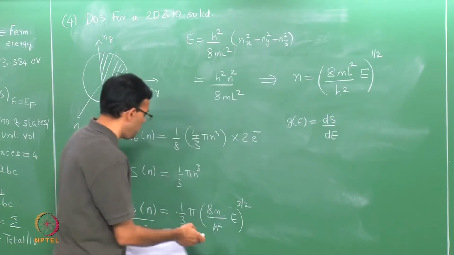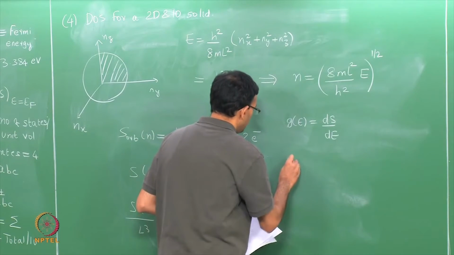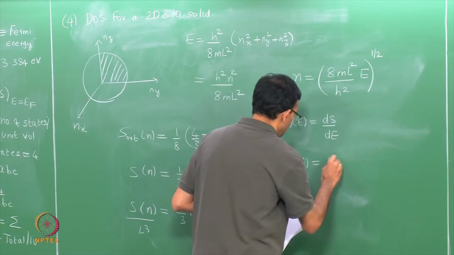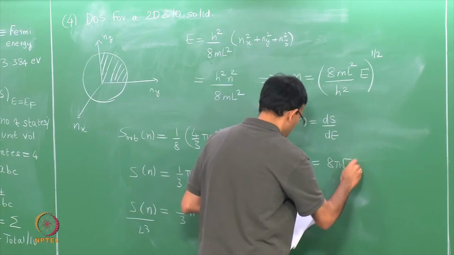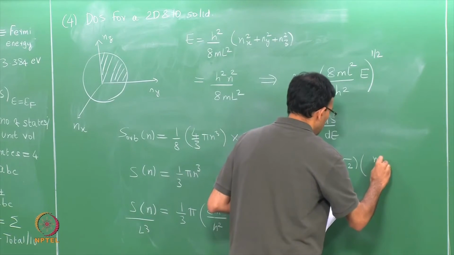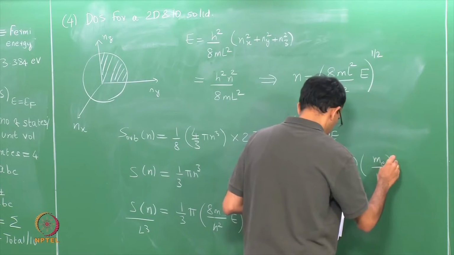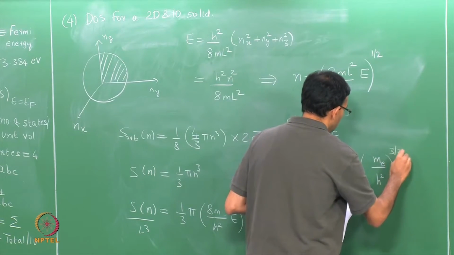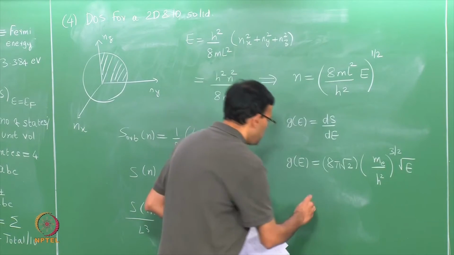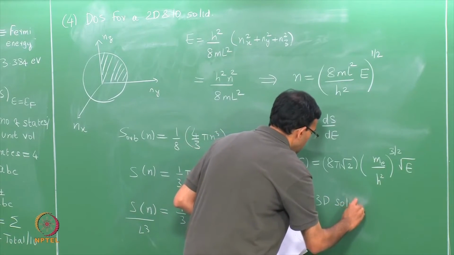So, we differentiate this with respect to energy, and the final expression which we write is 8 pi square root of 2 times m e over h square, whole power 3 over 2, square root of E. So, this is the derivation for a 3D solid.